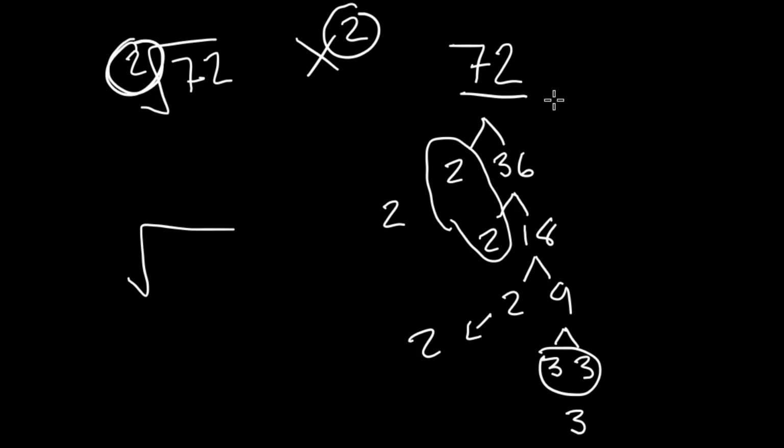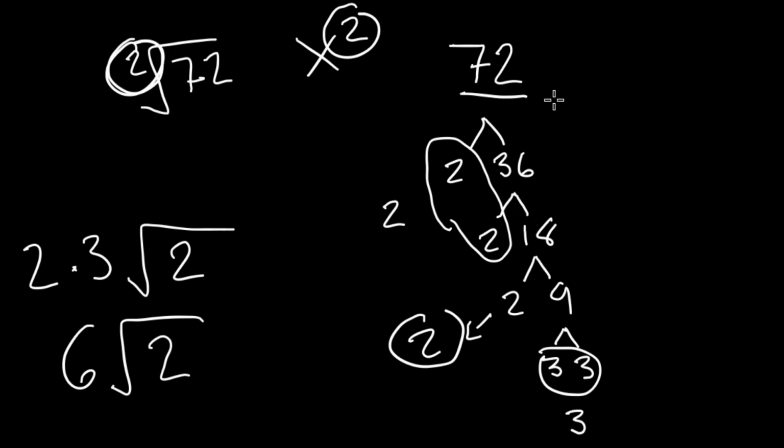And we can see that we have the group of 2, so we can take a 2 out, and we have the group of 3, and we can multiply that by 3. And now on the inside, we're just going to put our lone 2 back in here. So we've taken out 2 and 3, which were pairs because it was a square root. And 2 times 3 is 6. And then we'll put it back here, 2. And this is how you simplify a radical.